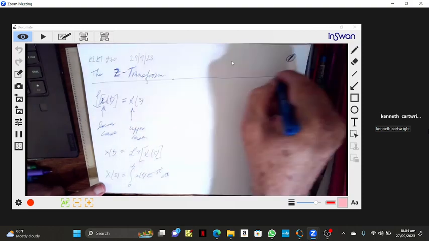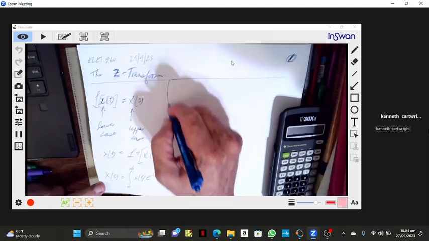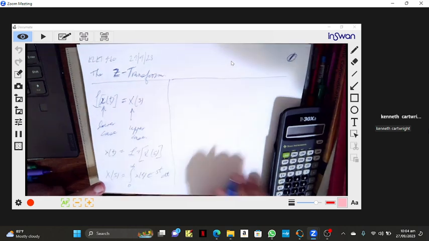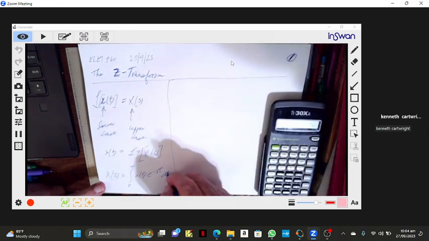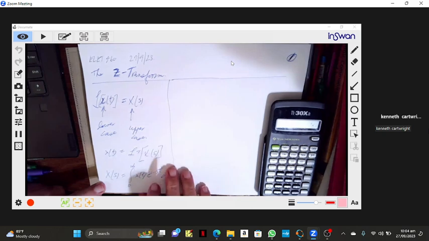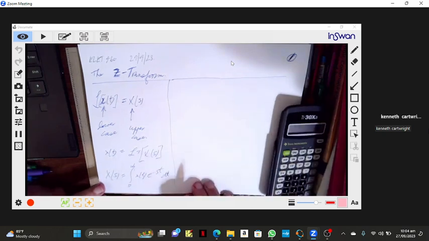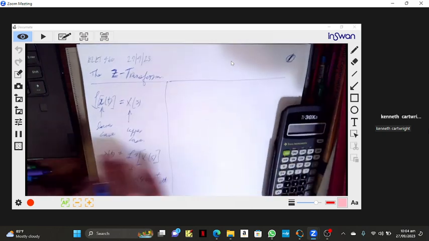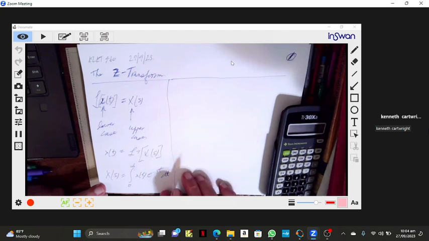Let's review 320 and 420. You had Laplace transforms in 320, and you had it in 420. Now today we want to define the Z transform.